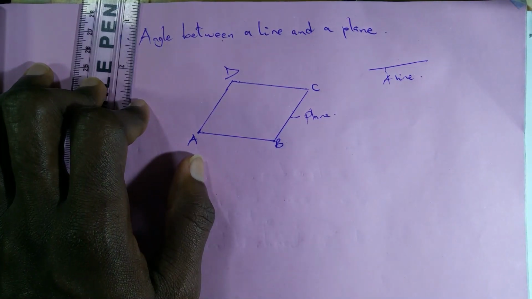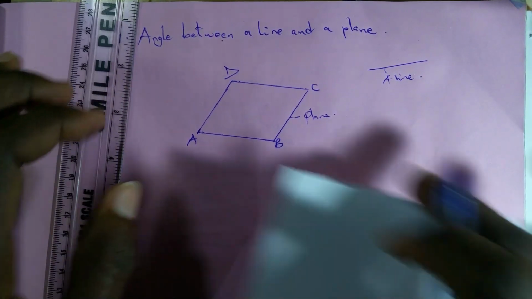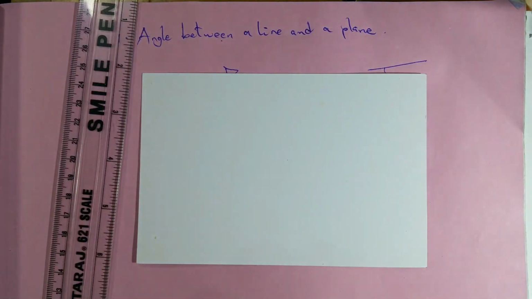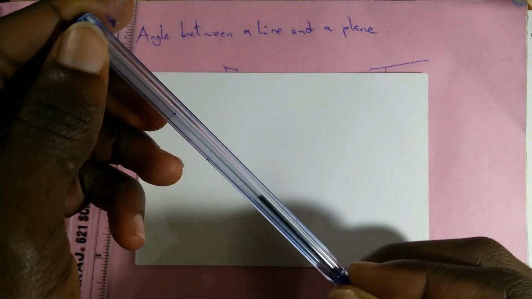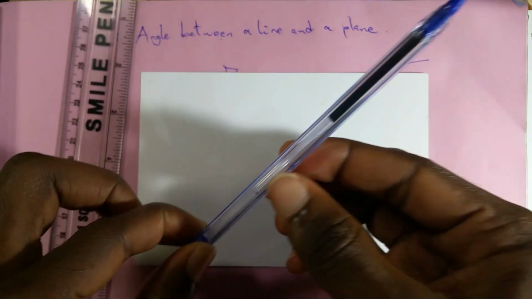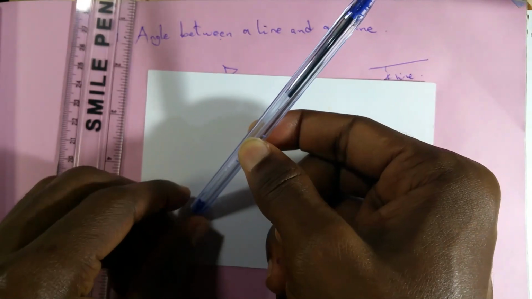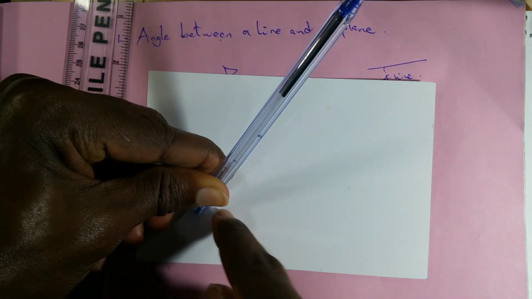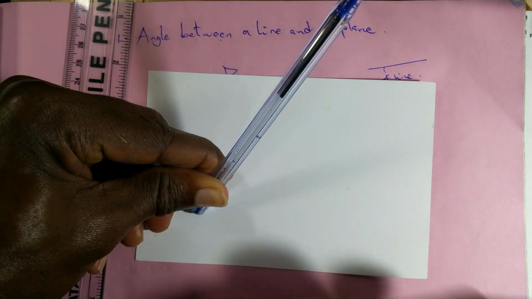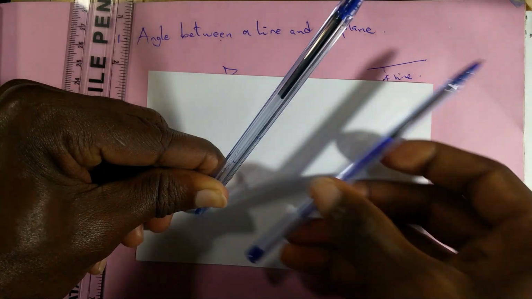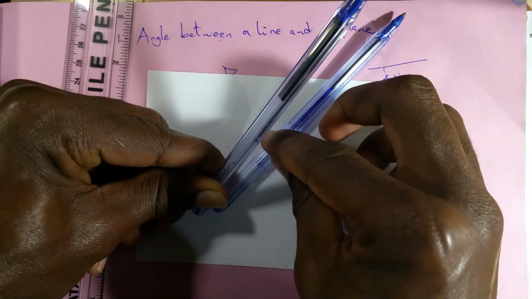Now, angle between a line and a plane. Let's assume that we have this as our plane, and now we consider this pen to be a line. This pen, which is a line, is meeting this plane at a point. Let's say at this point, and now we put a shadow of that line down here like this.